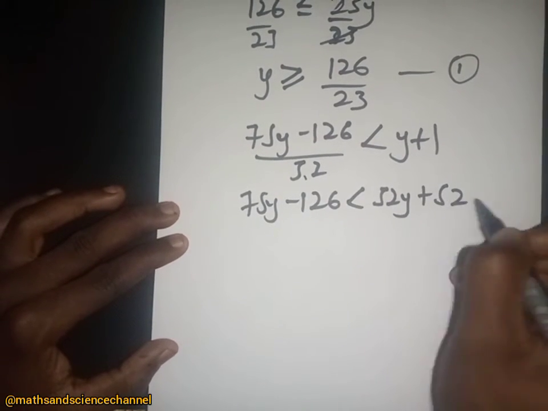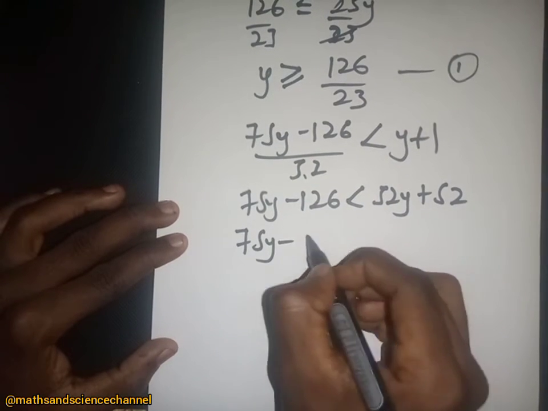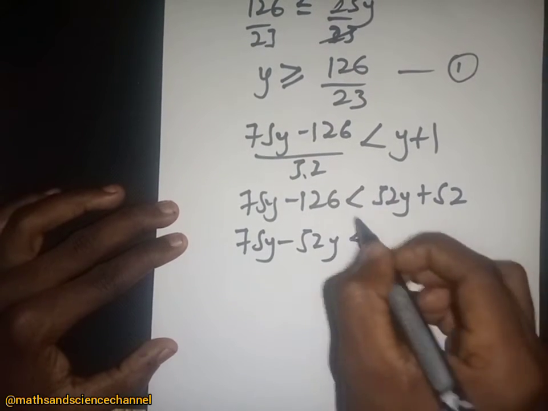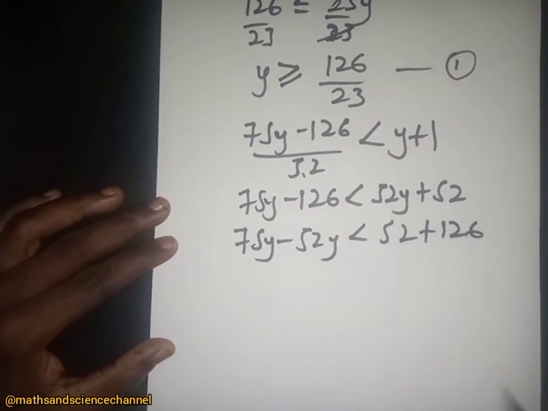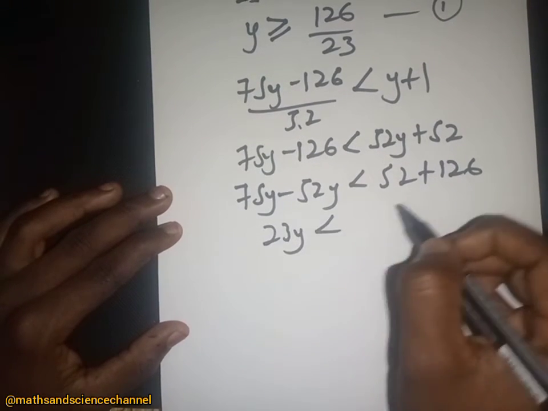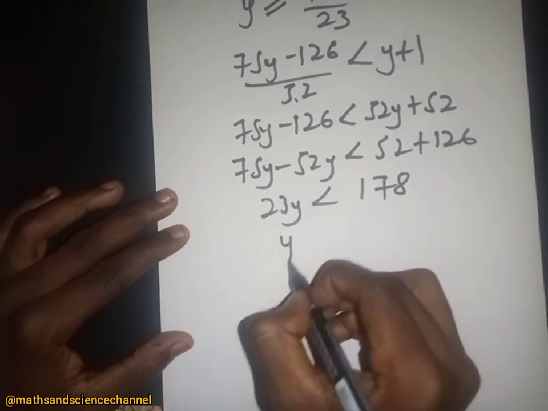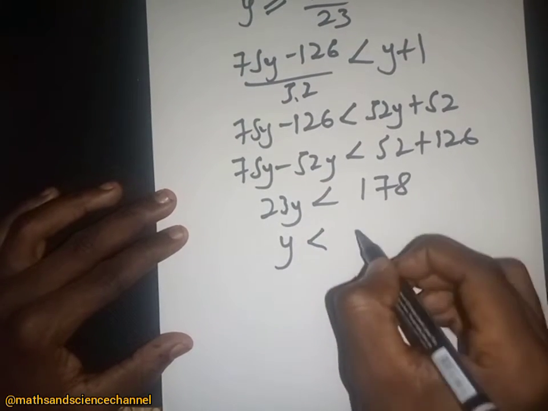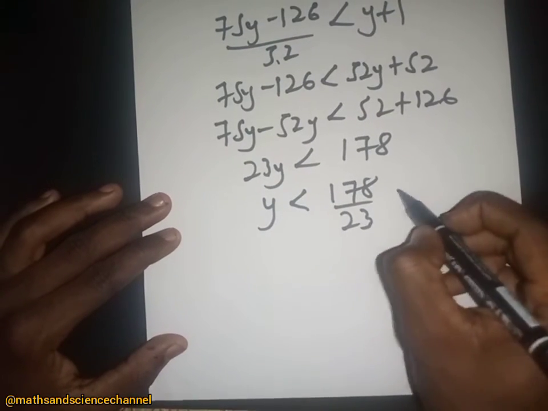Then also group like terms, so 75y minus 52y is 23y, and 52 plus 126, when we add this, we get 178. So y is just less than 178 divided by 23, and that will be the second one.